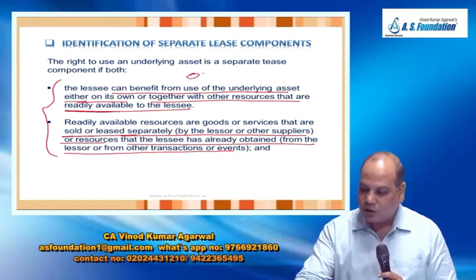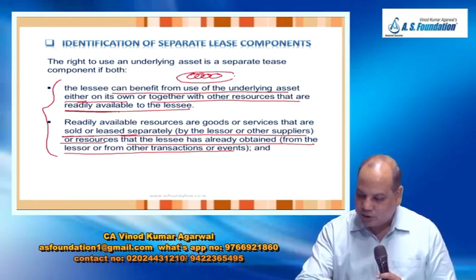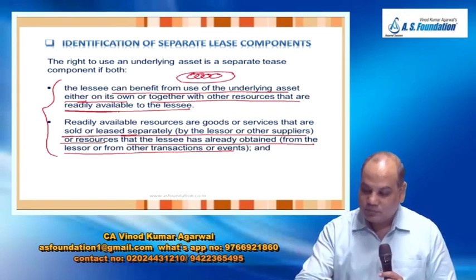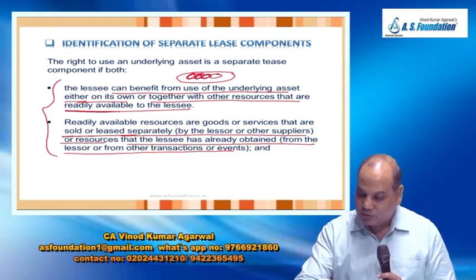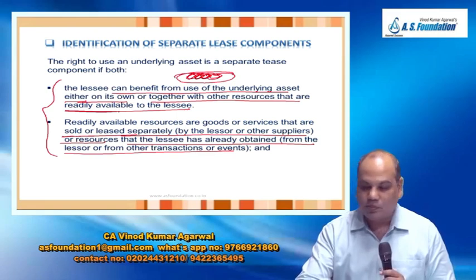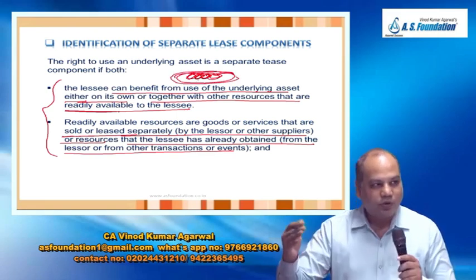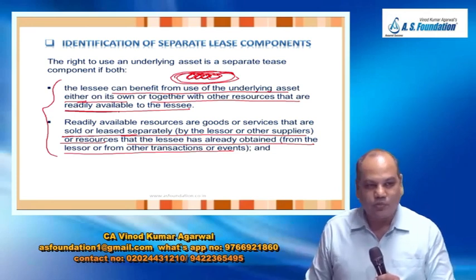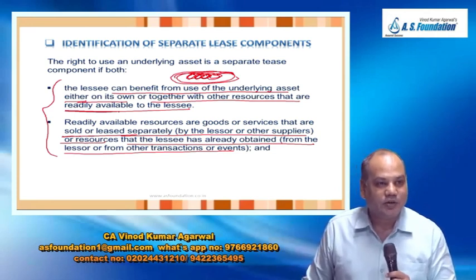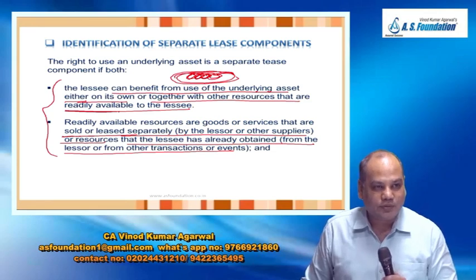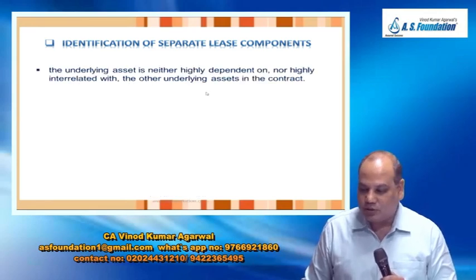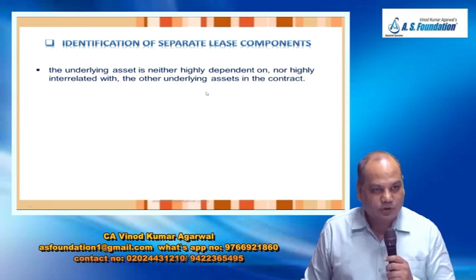But if there are multiple components in a machinery and together they make the machinery run, they depend on each other. Therefore, in this case, you cannot separate each component and it will be accounted as one. If the components are integrated, interrelated, so that you cannot use one without the other, then you don't have to separate.